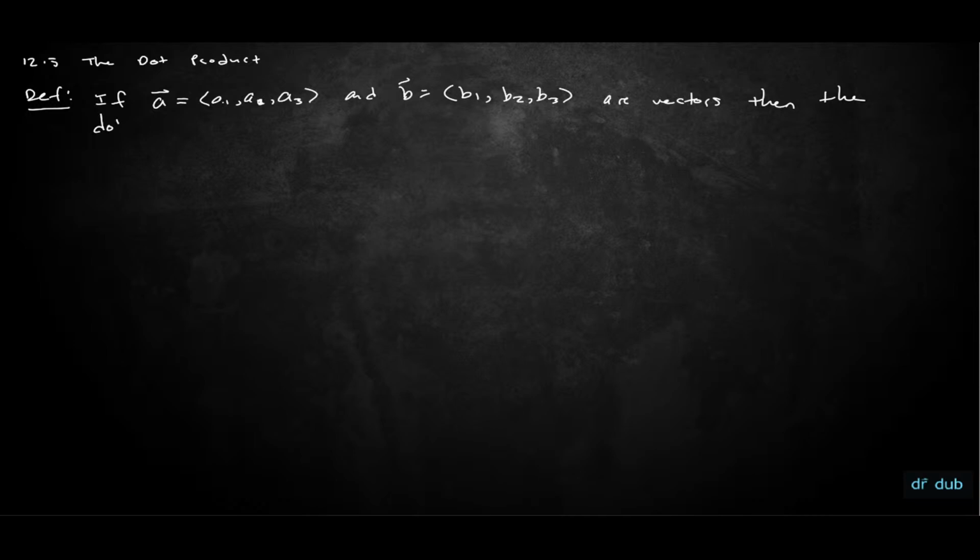And then we define the dot product as, let's say, if vector A has components A1, A2, A3, and B has components B1, B2, B3, so if A and B are vectors, then the dot product A dot B is defined by A dot B equals a1b1 plus a2b2 plus a3b3.